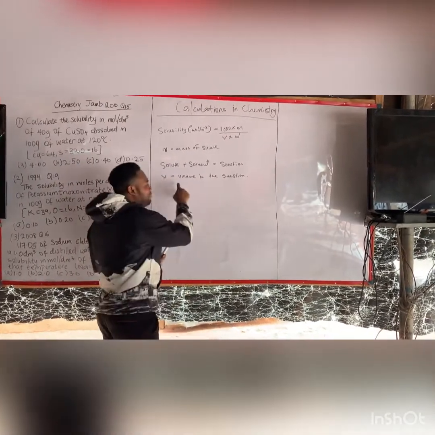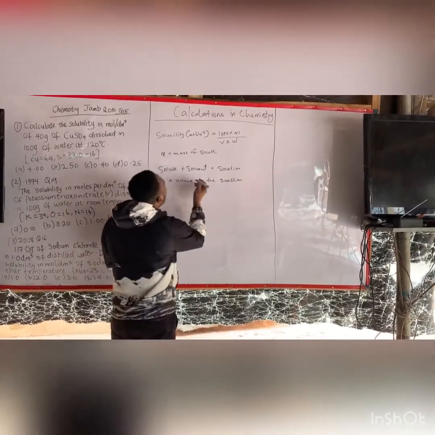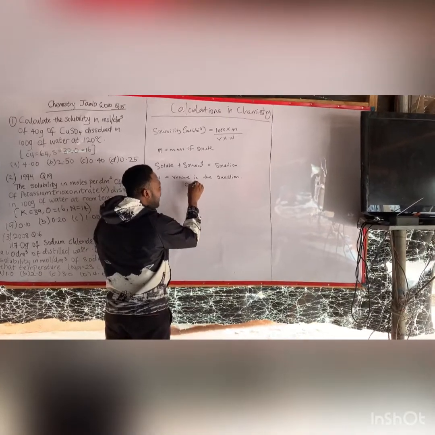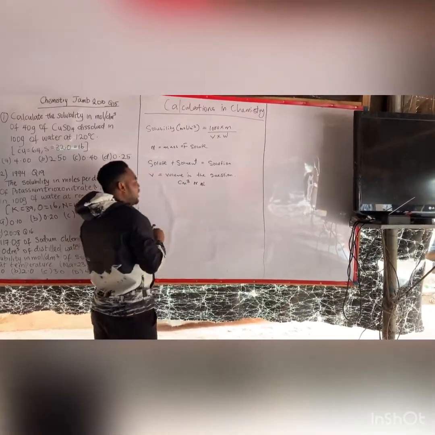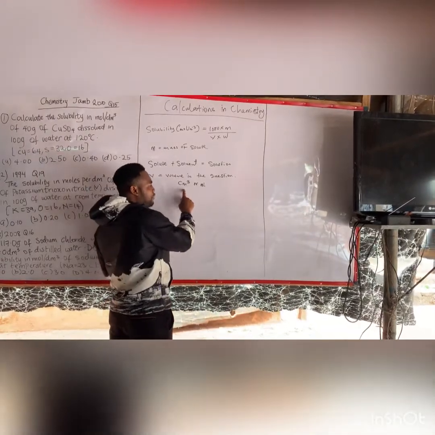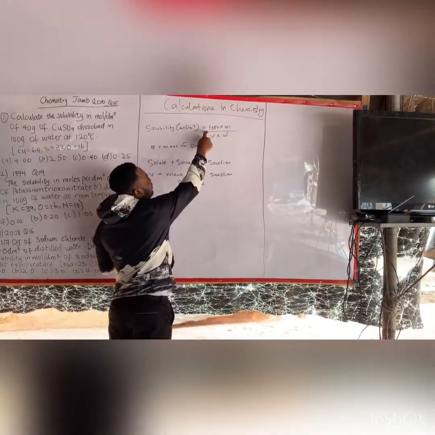But please bear in mind that this volume in the question, the unit must be in cm3 or in milliliters. If the volume is in cm3 or milliliters, then the 1000 in our formula remains the same.